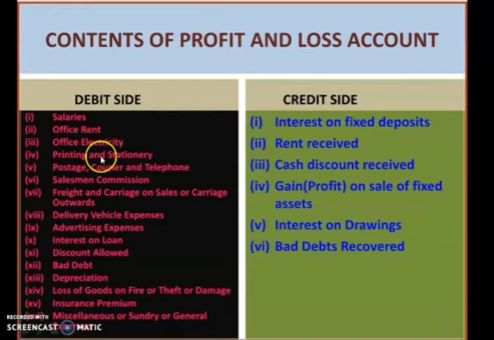So this is the list of debit side items which may appear in profit and loss account.